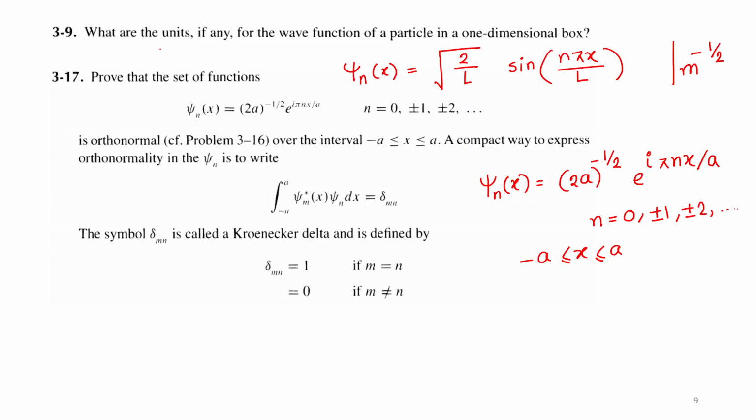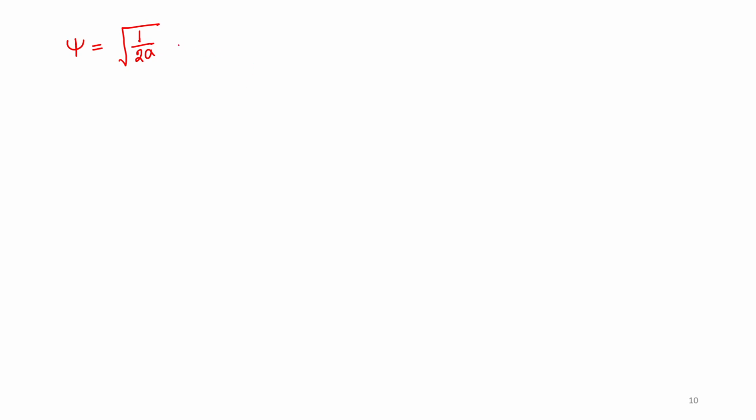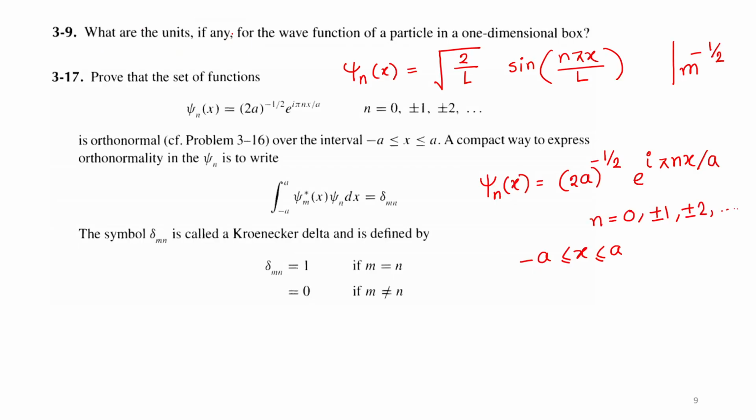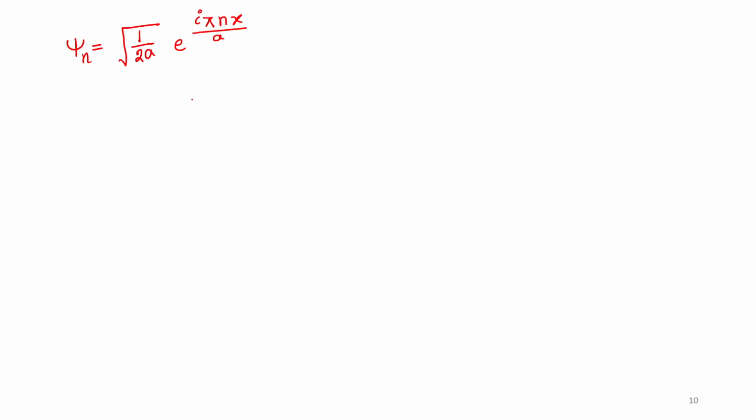Psi n is, I will try to write it in a better format so that it will be helpful: the root over 1 by 2a, exponential of i pi n x by a. Okay, so this is your function.